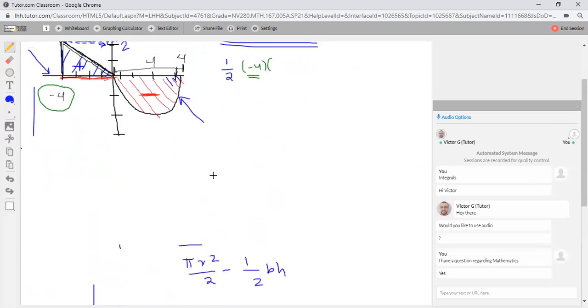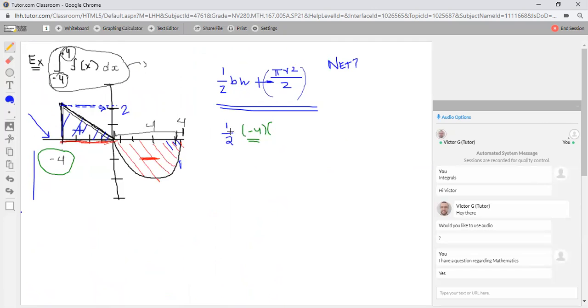Yeah, that's fine. So I guess we have a plus here. So 1/2 multiplied by 4, not negative 4, times the height, which is 2, and adding that to negative pi times the radius, which we said was 2, squared over 2.